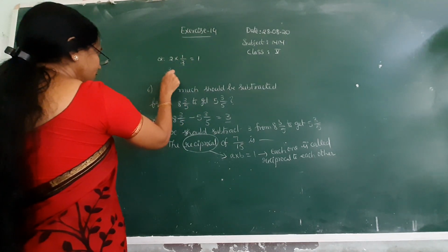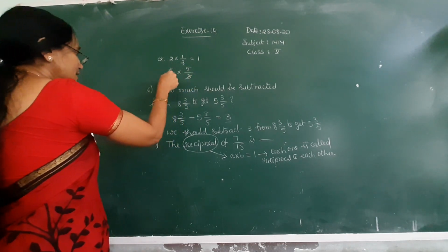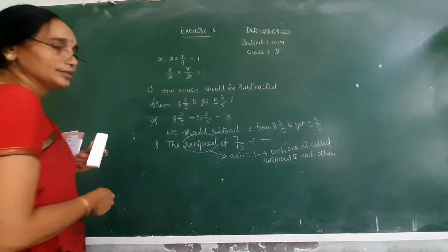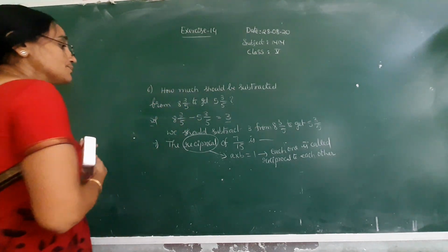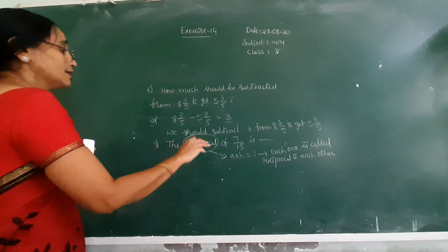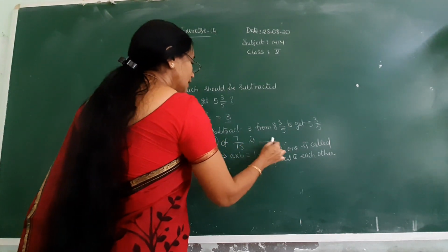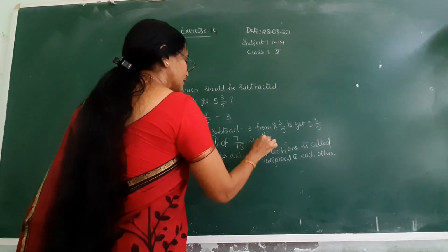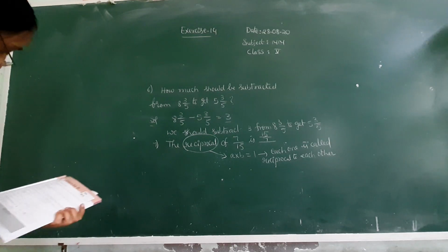Suppose 3 by 5 is there. You multiply this with 5 by 3, 3 cancels, 5 cancels, that is 1. But here they are asking to find the reciprocal of 7 by 15. You have to interchange numerator and denominator. So the reciprocal is 15 by 7.